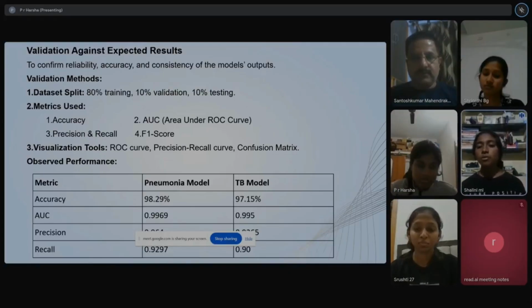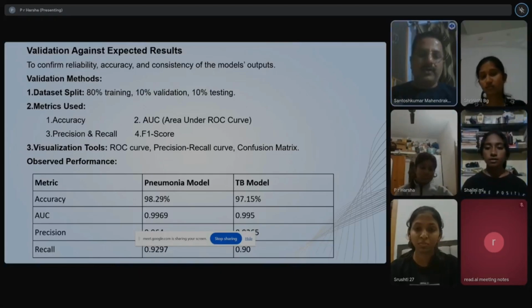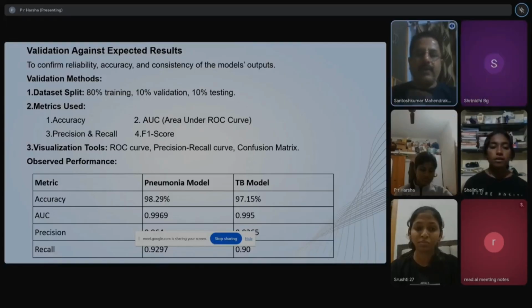Confidence means how much the model is confident about that particular prediction. No, how is it related with these parameters? You have so many parameters, right? Recall, precision, accuracy. How is this related? How are you calculating the confidence level of the model? Do you have any relation or any formula?